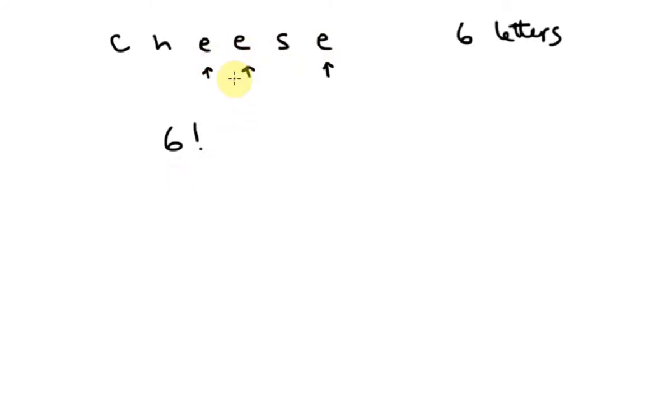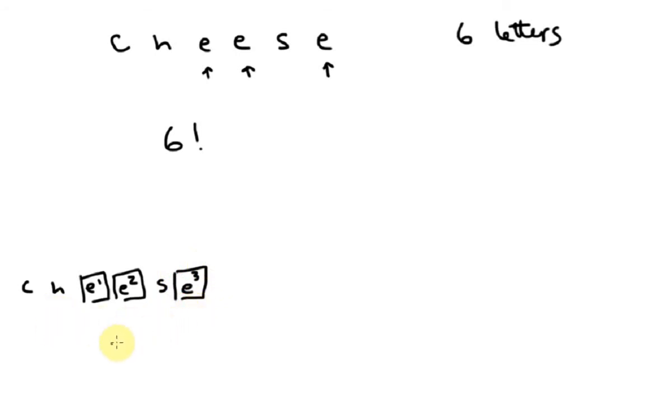Somebody could spell cheese with an E1 card there, the E2 card there, and the E3 card over here. But why couldn't they flip around all 3 of these E cards? Well, they could, and we'd never know the difference.